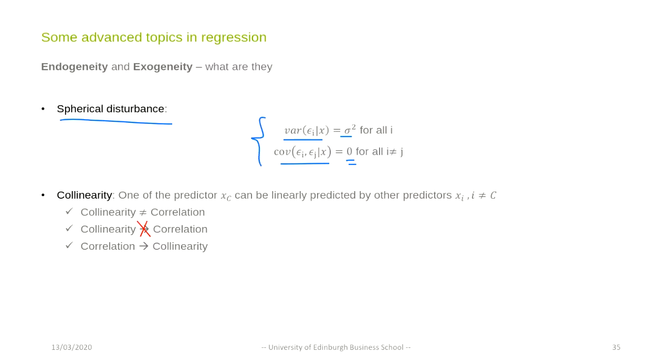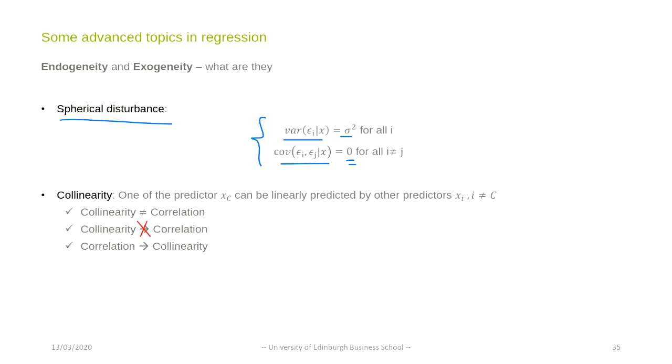Collinearity basically means one of the independent variables can be linearly predicted by other independent variables. If you have 10 independent variables and one of the 10 is a linear combination of the other 9, this is called collinearity. This is going to be a very serious problem.